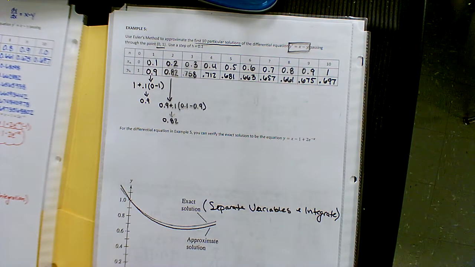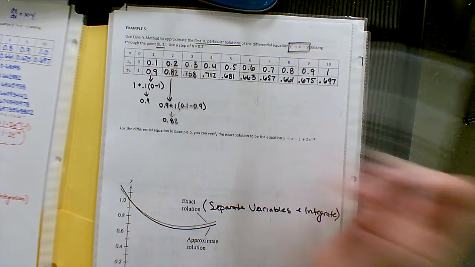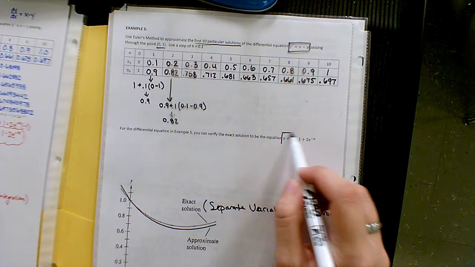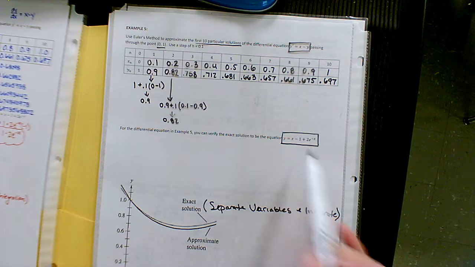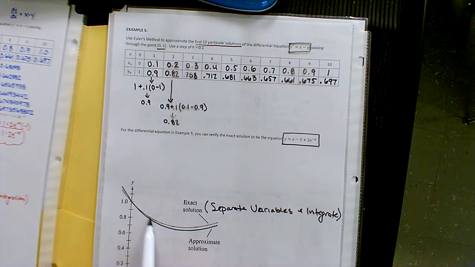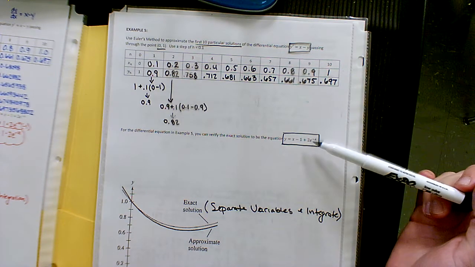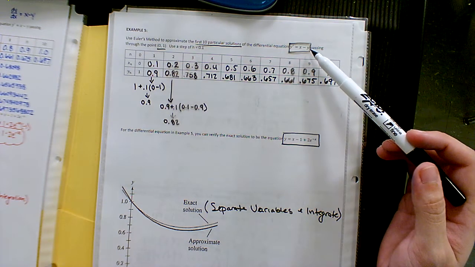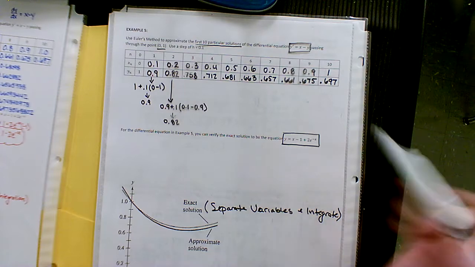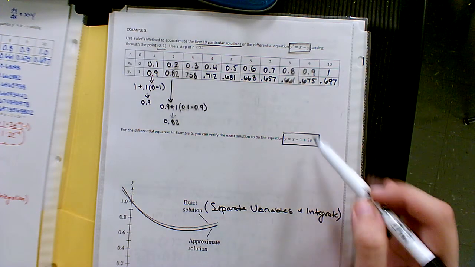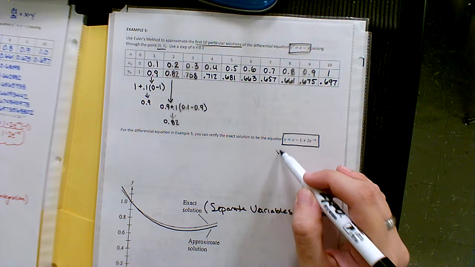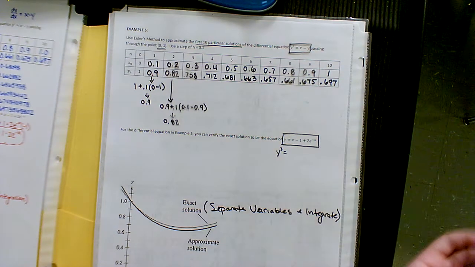Let's say you did take that differential equations course and you did solve this one by hand, you would end up with this solution. This is the equation of that light line of the graph on the bottom. I just want to confirm that this is the equation based off of that differential equation that we started with. So if you were to take the derivative of this equation, can we practice our derivative rules?